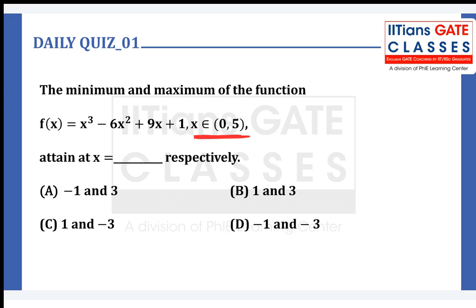At each critical point you verify whether it's a local maximum or local minimum, and for that you use the second derivative test. So you calculate f double dash at every critical point. If it is negative, then we call it maxima. If it is positive, it's minima.